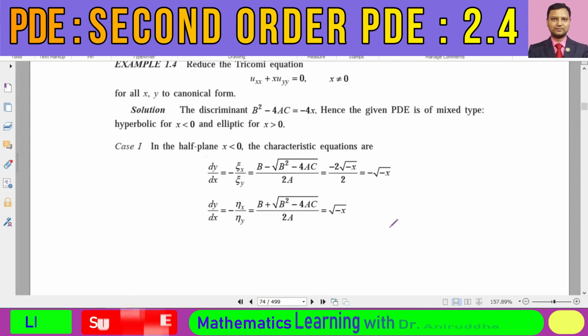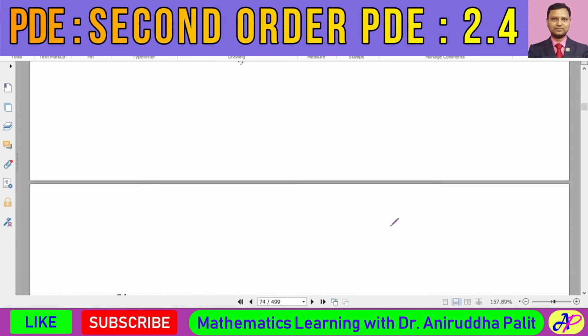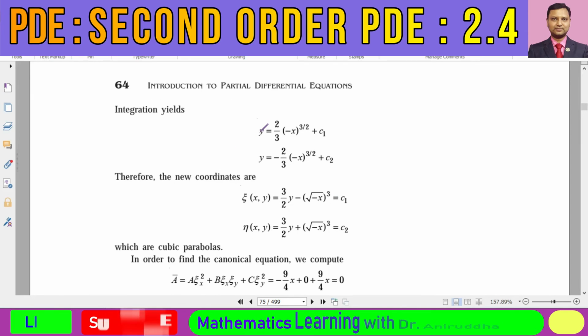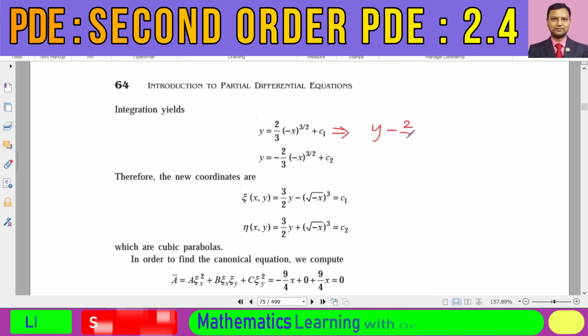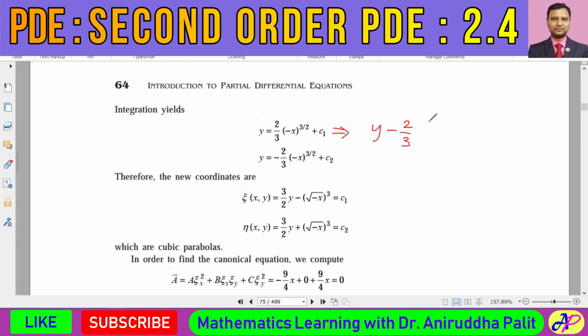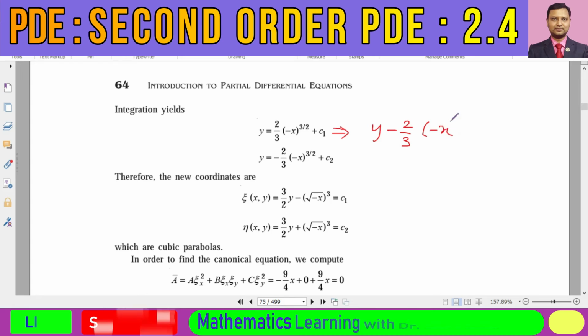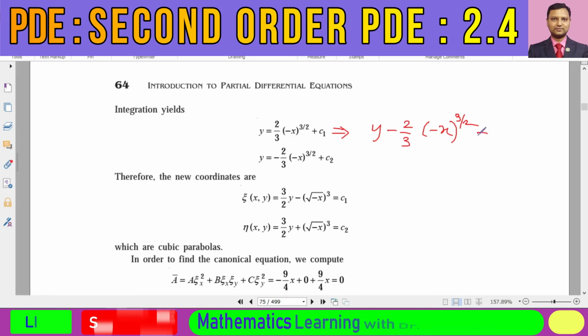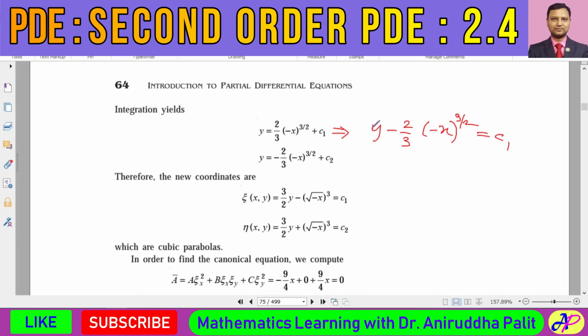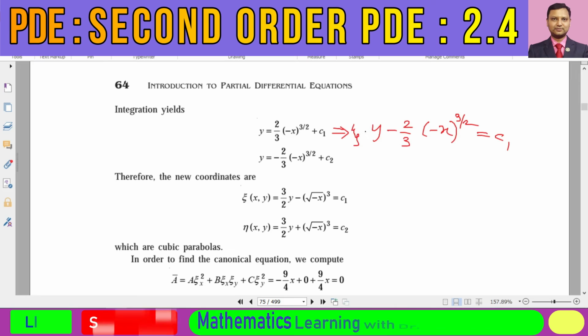If we integrate them, we get this type of expression. This is the first expression: y is equal to 2 by 3 times minus x to the power of 3 by 2. So if you write it in this way, y minus 2 by 3 times minus x to the power of 3 by 2 is equal to c1. You see, you get the expression of the variable xi.